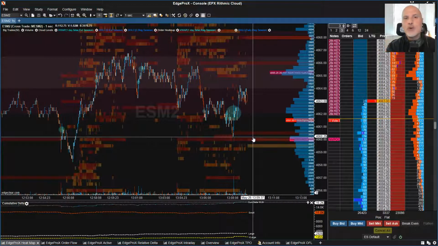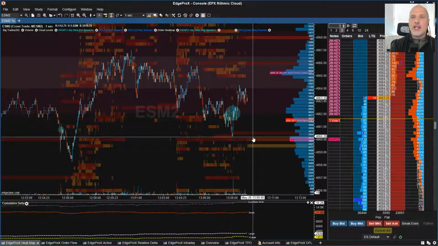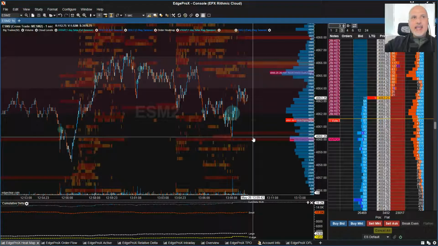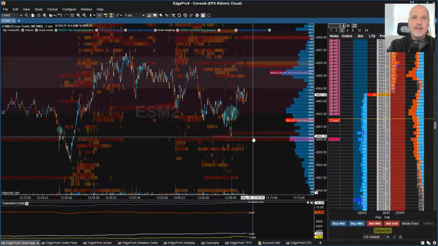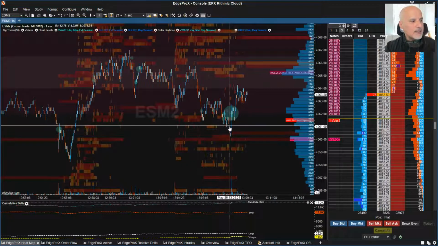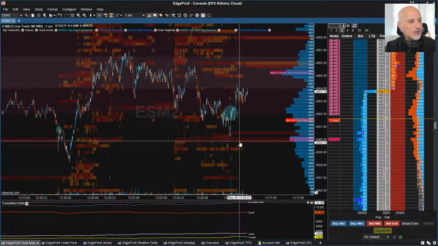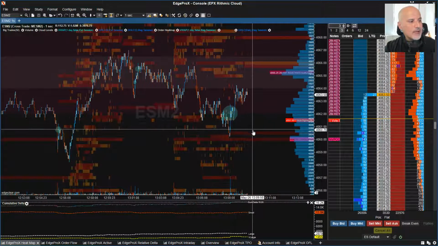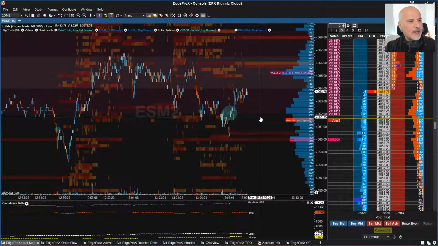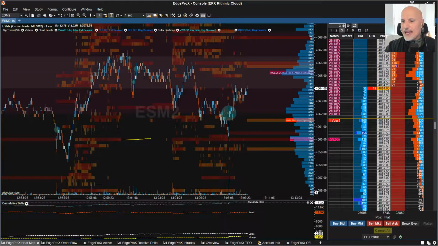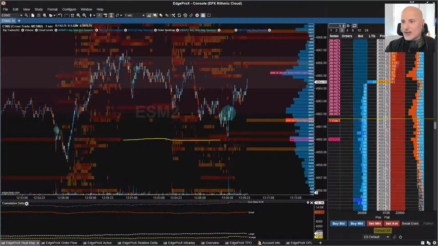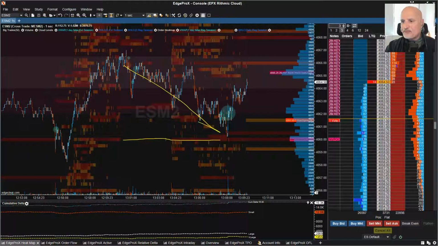Let's say there's a 200 lot or 300 lot there. I'm looking for the market to come in and collide. It just sweeps down into that. And what I'm looking for is, once it collides into it and comes back through, does it use that collision spot as support? See how this is black and it starts to get darker and darker as the market moves lower?